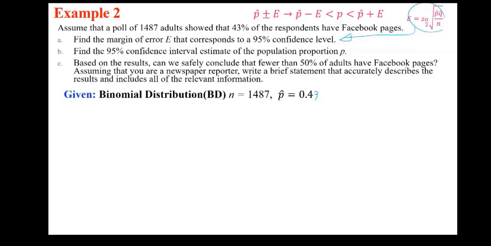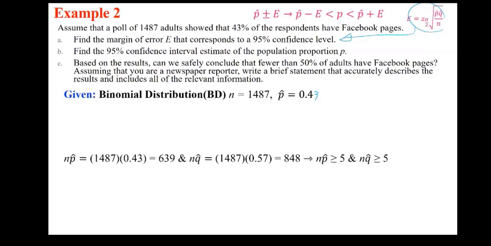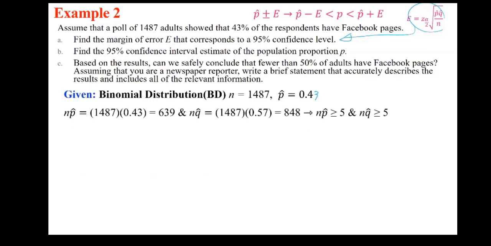We don't have a p, therefore we stick with p hat. Instead of np and nq, we really should calculate np hat and nq hat. When we do the calculation, they are both large, and therefore it's safe to use the approximation.